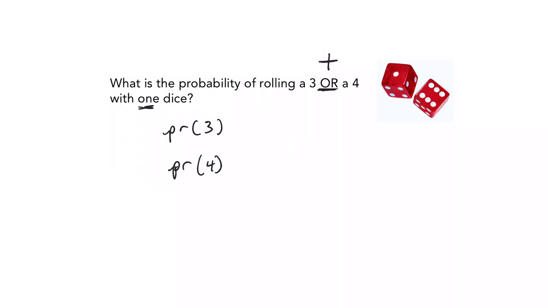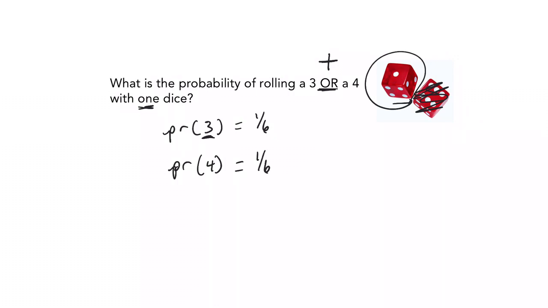The individual probability of rolling a 3 with 1 dice, we're going to ignore this dice over here, is simply 1/6. This is a 6-sided dice. There's 6 possibilities, 1, 2, 3, 4, 5, 6. So 1 out of those is going to be a 3. The probability of rolling a 4 with 1 die is also 1 out of 6.